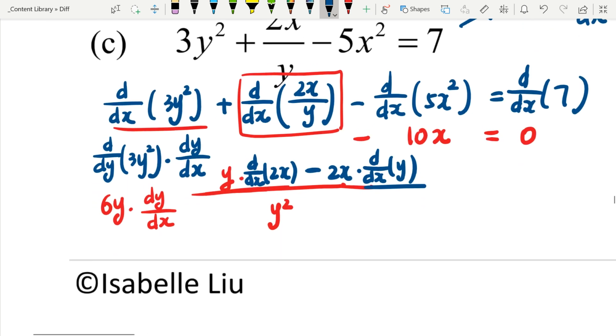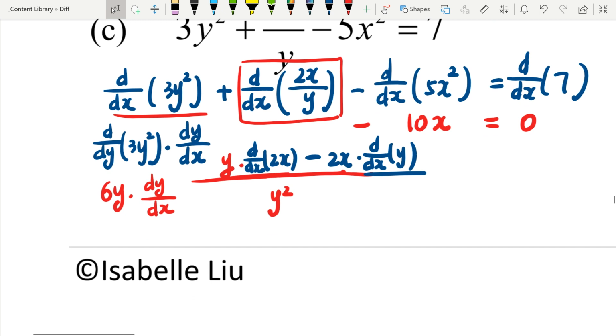Okay, so let's simplify that. What's d dx of 2x? 2. So it's 2y here. And what's d dx of y? It's 1 dy dx, because you differentiate d dy of y times dy dx.